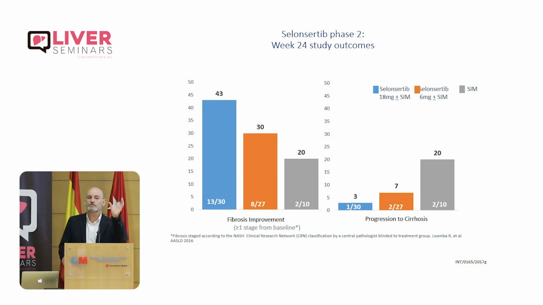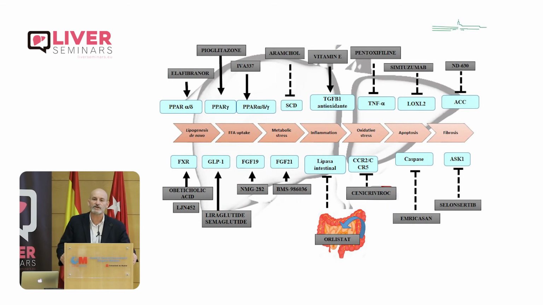We need to add the improvement of fibrosis and the non-impairment of fibrosis together, and we can offer a therapeutic option for patients with advanced fibrosis. And finally, just the landscape of NASH.